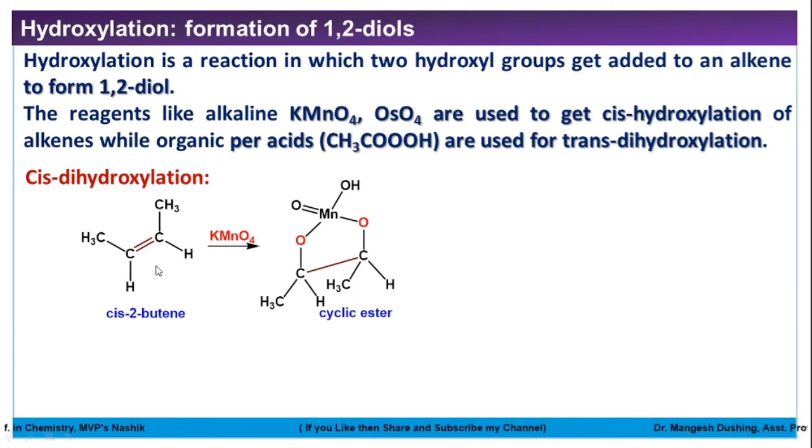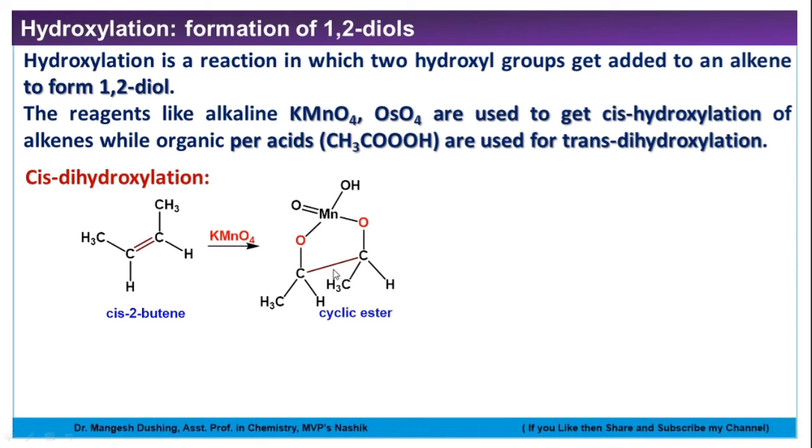So what will happen? Double bond is converted to the single bond, and see this manganese, 4 oxygens are there, 1 hydrogen, that is potassium. So both oxygens are coming from the same side here, and this is 5-membered manganate ester.